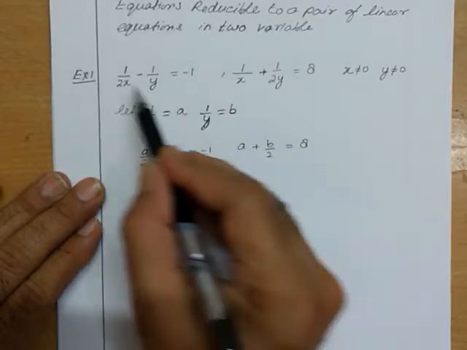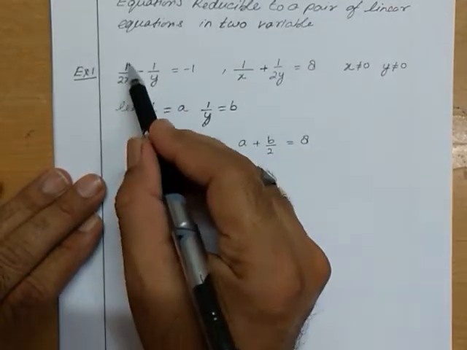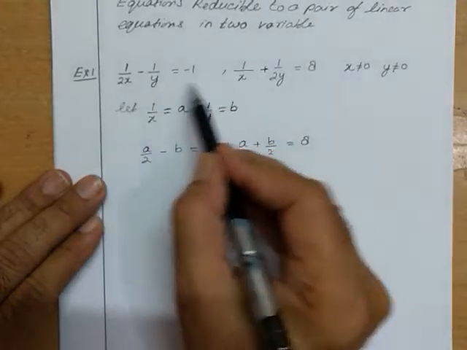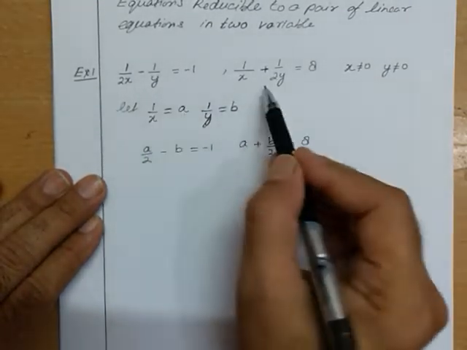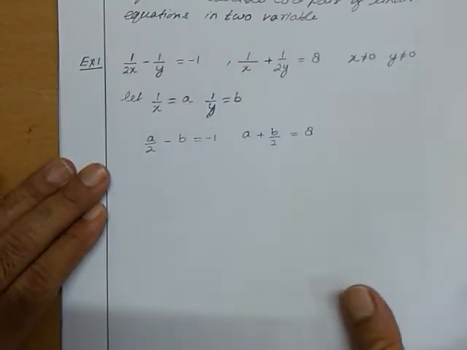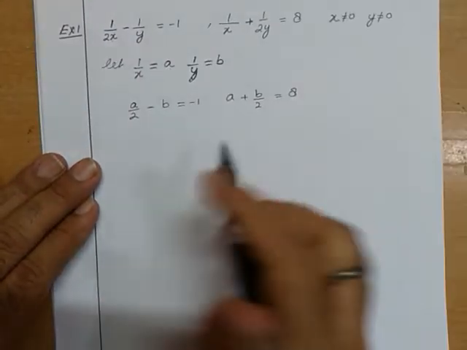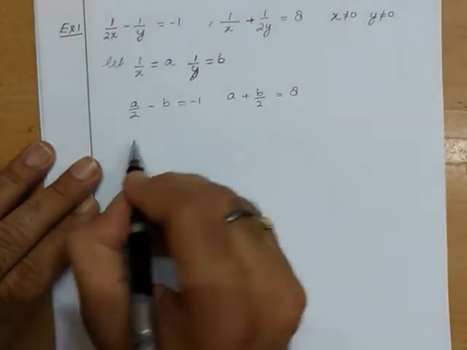Here it was 1 upon x and here it was 1 upon 2x. So the common thing here is 1 upon x, and here we have 1 upon y. So we are replacing 1 upon x and 1 upon y with a and b, and here we will take the LCM and solve it just like a normal linear equation.